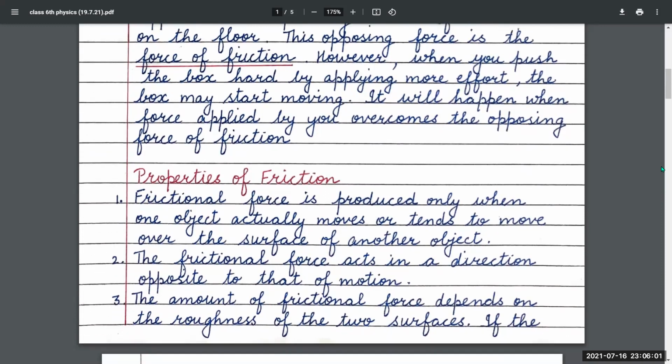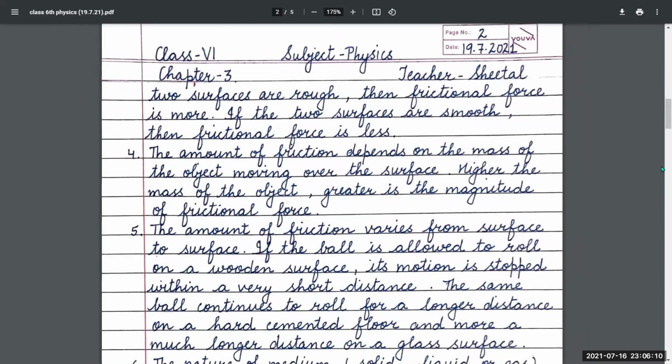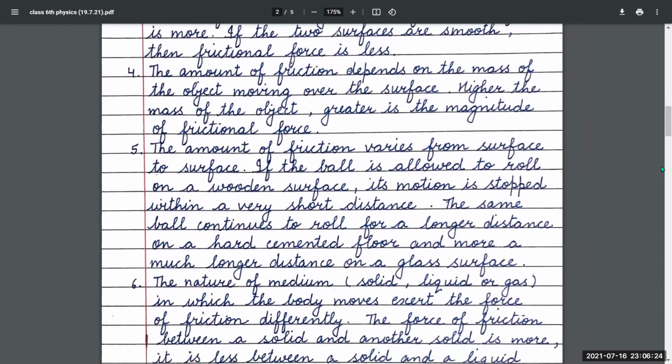The amount of frictional force depends on the roughness of the two surfaces. If the two surfaces are rough, then frictional force is more. And if the two surfaces are smooth, then frictional force is less.